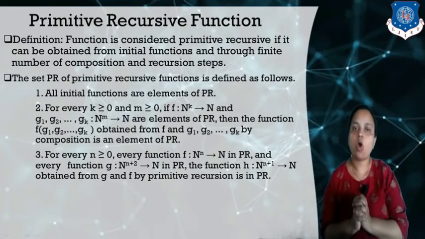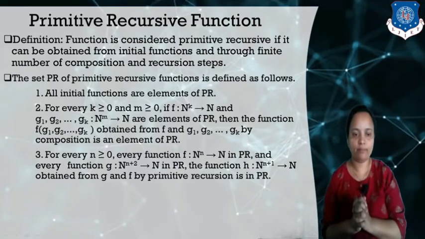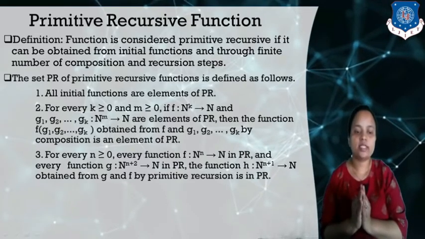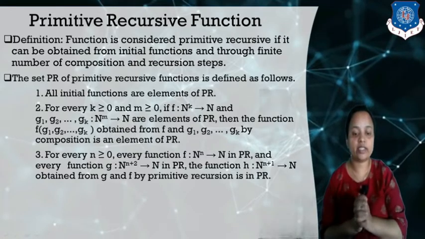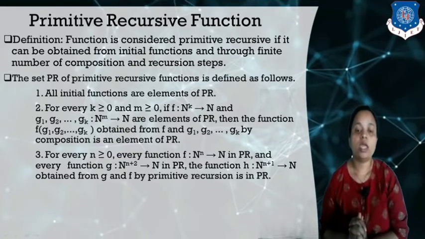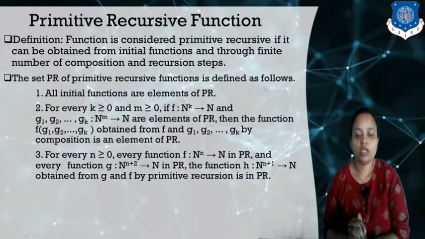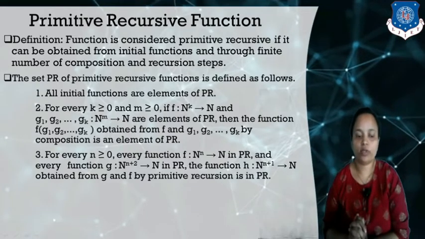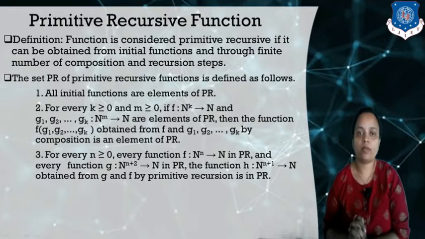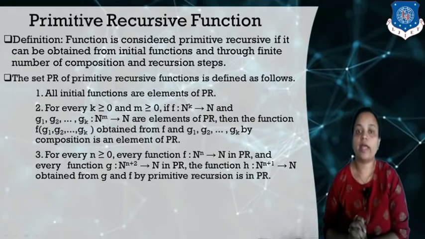Here we have defined the set PR, the primitive recursive functions, as follows. First, all initial functions are elements of PR. Second, for every k greater than or equal to 0 and m greater than or equal to 0, if function f takes k inputs and returns a single output, and g1, g2 up to gk take m inputs and return a single output and are elements of PR, then the composition function f of g1, g2 up to gk, obtained from f and g1 through gk by composition, is an element of PR.